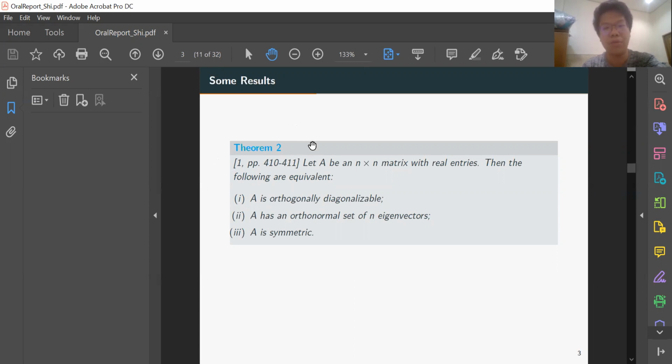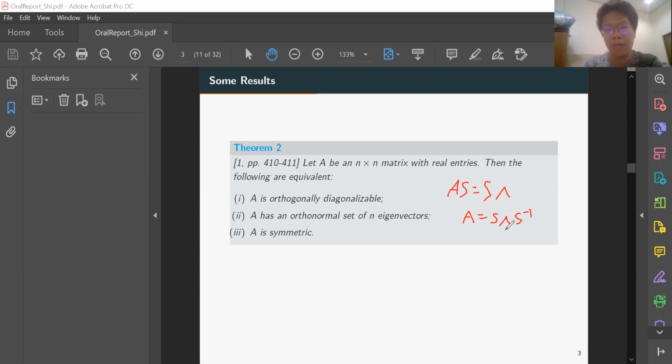Now we will no longer show the proof for this theorem, but the basic idea is that you will recall that when you try to solve for the eigenvalues and eigenvectors of A, we get that AS is equal to S capital lambda, or simply A is equal to S capital lambda S inverse.